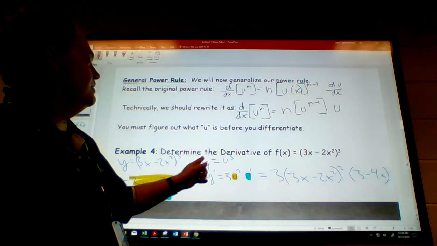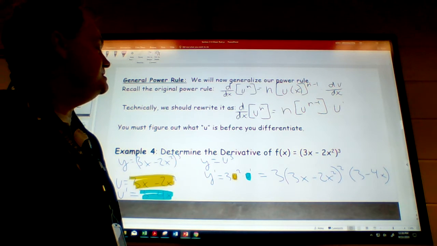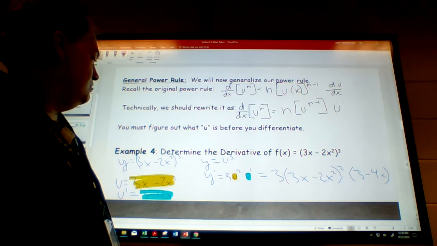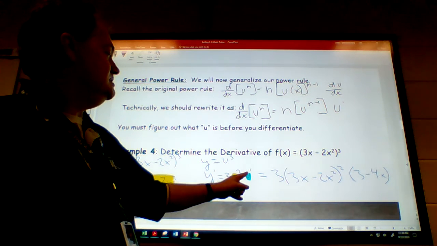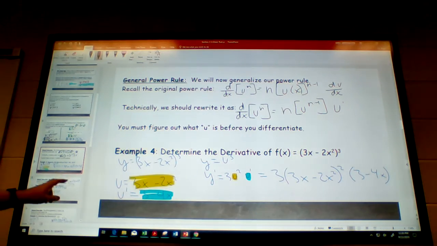So the derivative of y, or y prime, is 3 times u to the second times u prime, or this in yellow, squared times this in blue. There you go. All right.